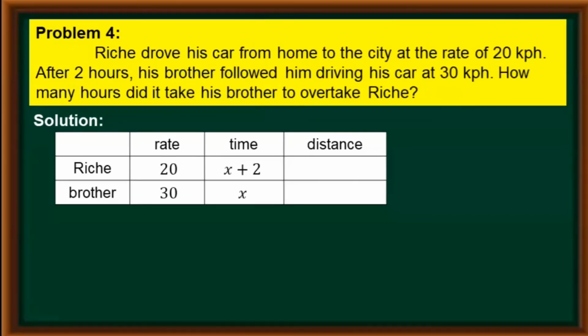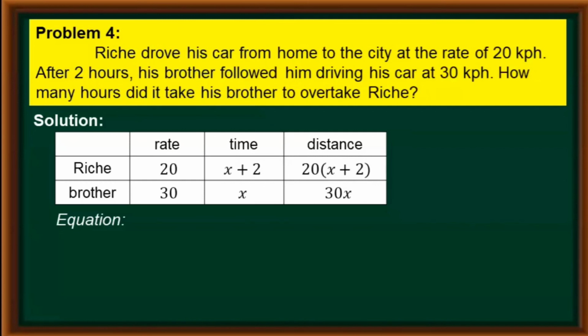Now, for the distance traveled by Richie's brother, 30 times x, that would be 30x. And for Richie, we have 20 times the quantity x plus 2. Creating our equation, take note that in our problem, Richie and his brother were traveling towards the same direction because Richie's brother is trying to overtake Richie after a certain period of time.